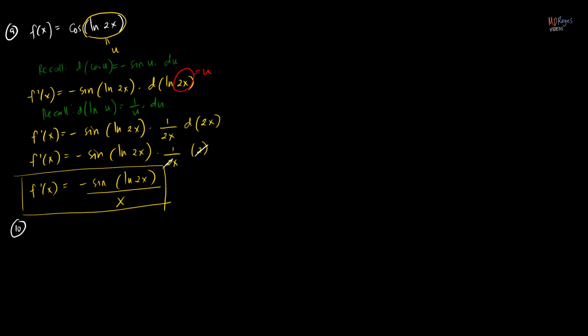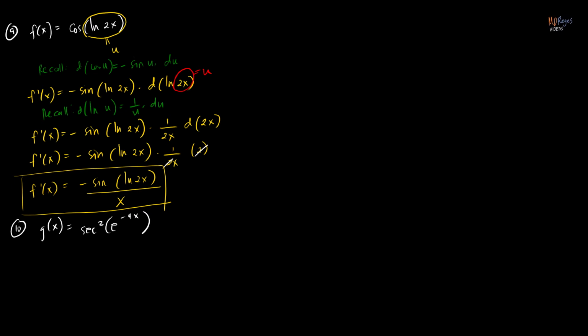Another example, we'll have the trigonometric function secant squared of e to the negative 4x. The angle here is e to the negative 4x. Okay, so let's be clear that this function is a power of secant of u.